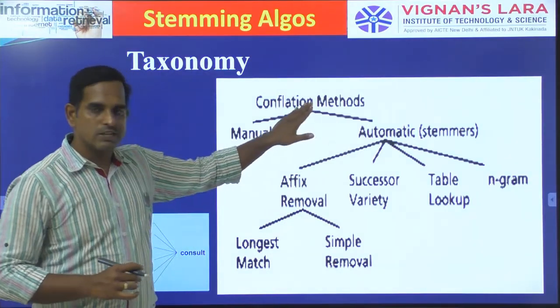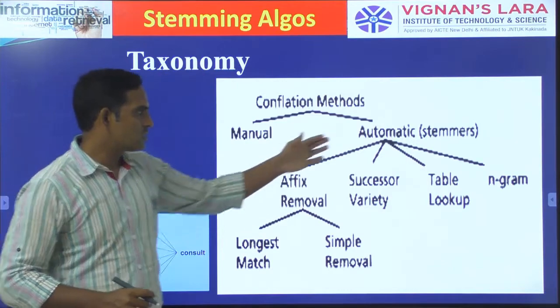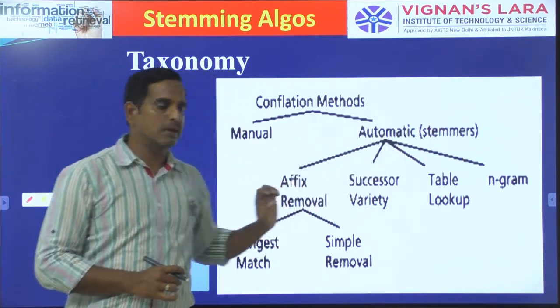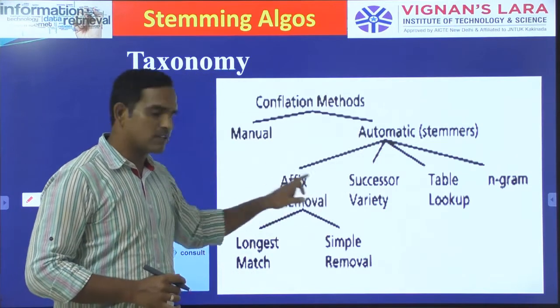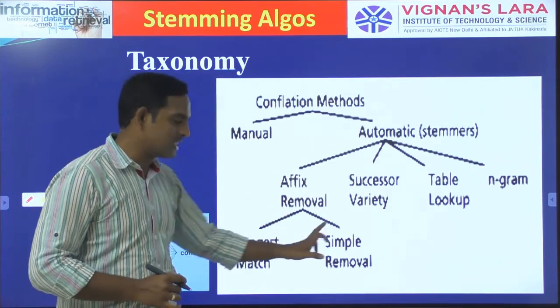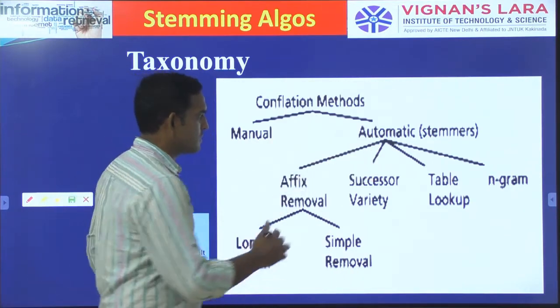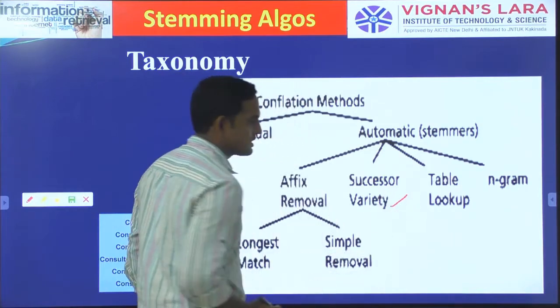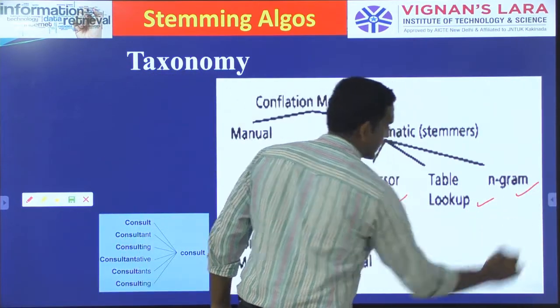So the conflation methods are of 2 types. One is manual and another one is automatic. The automatic programs are called stemmers. We have 4 different types. One is the affix removal method, which can be done by longest match or simple removal. Another automatic stemmer is the successor variety, and then there are table lookup and n-gram.